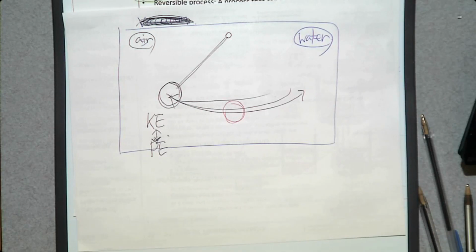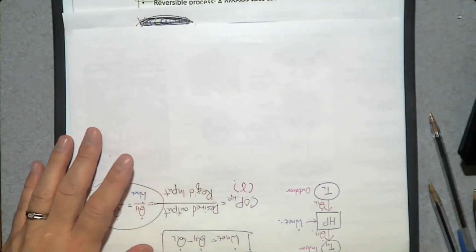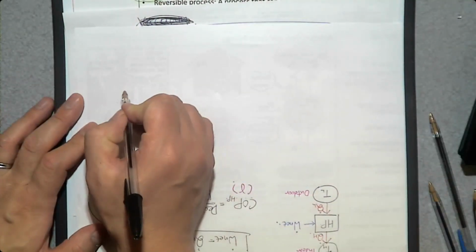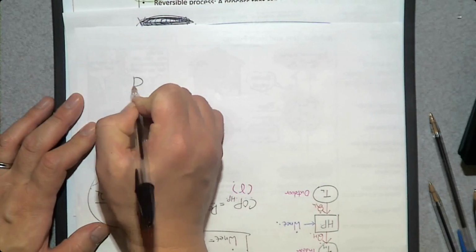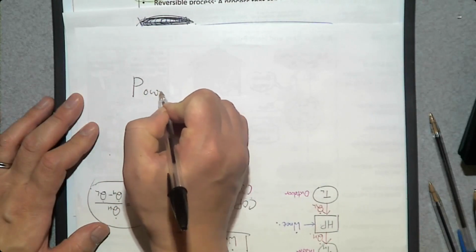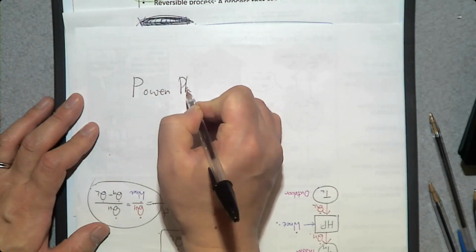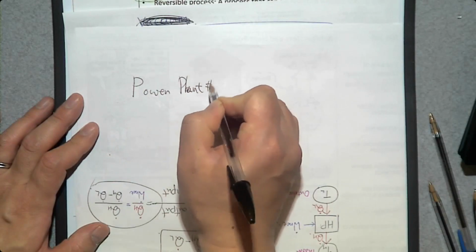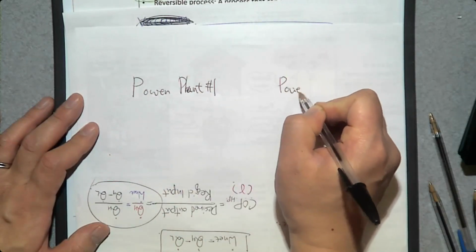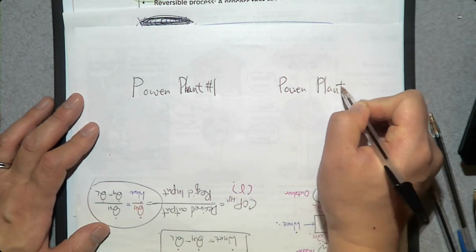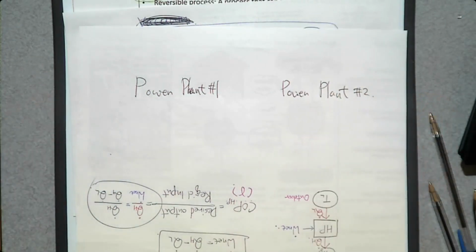Let's think about this. There are two power plants, power plant number 1 and power plant number 2. And let's assume that I want to work for the power plant company. That should be my first job. I want to produce electricity. Okay?